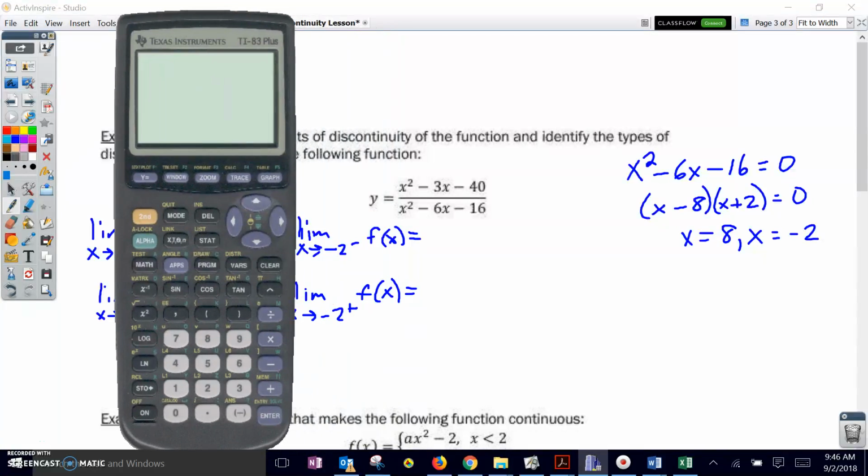So first I'm going to type my function into y equals 3. The quantity x squared minus 3x minus 40 over quantity x squared minus 6x minus 16. And first I'm going to find them at 8.